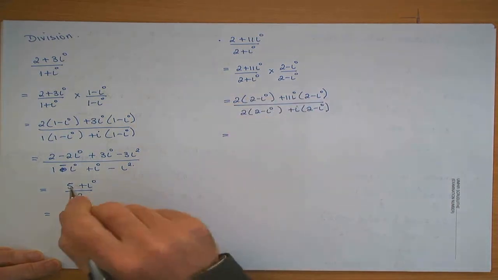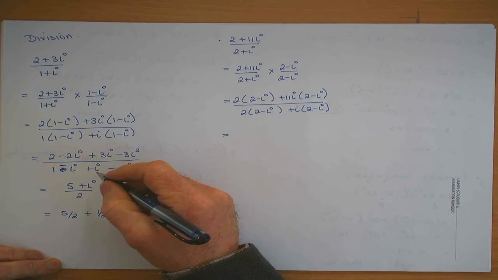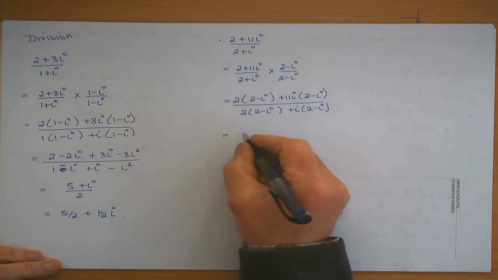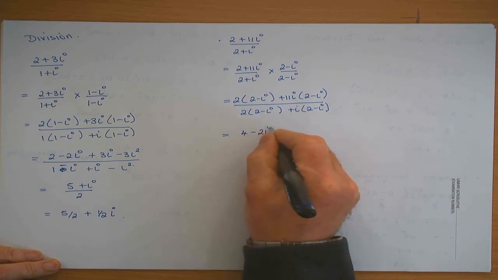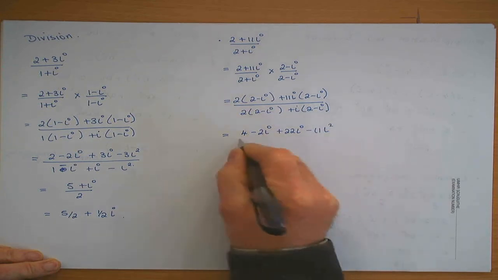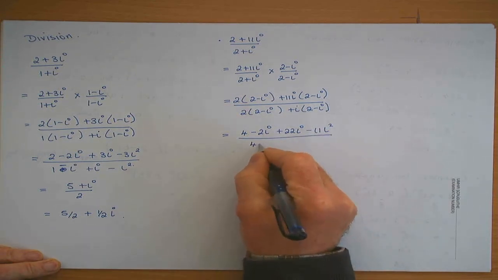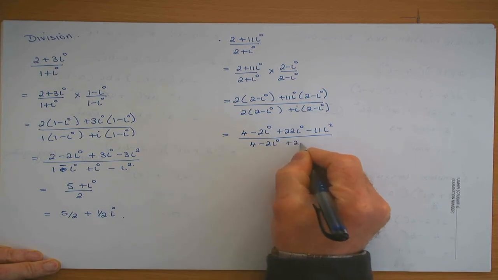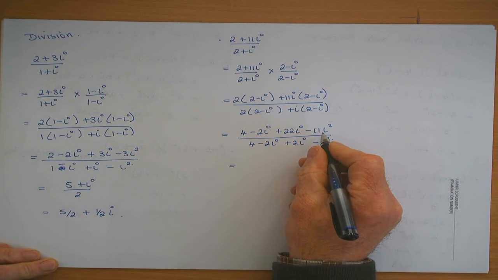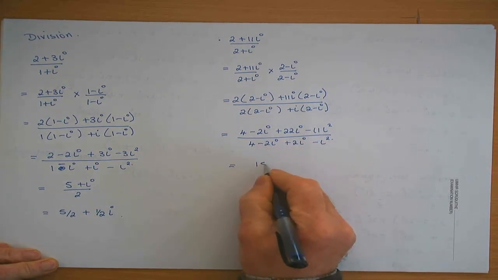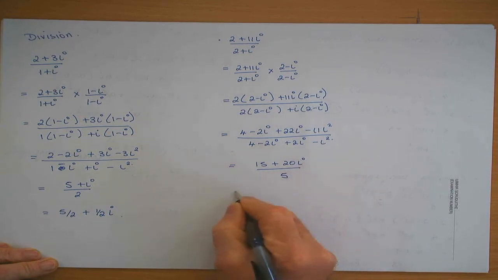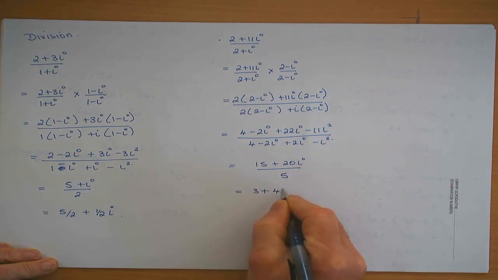I know when I multiply out the bottom, I'm going to get 5, because I'll get 2 squared and 1 squared. Multiplying out the top, 4 minus 2 iota plus 22 iota minus 11 iota squared. And on the bottom, 4 minus 2 iota plus 2 iota minus iota squared. That becomes plus 11. And 4 and 11 is 15, plus 20 iota. Over the bottom, 5. So it will divide in, leaving me 3 plus 4 iota.